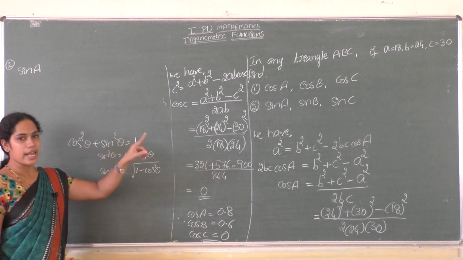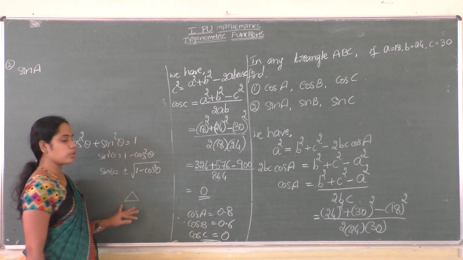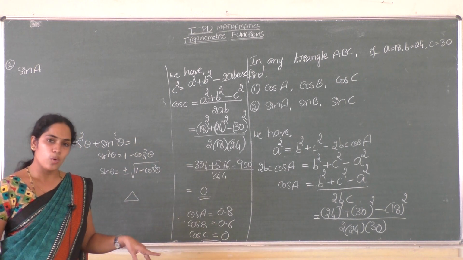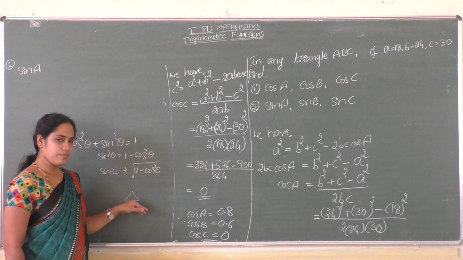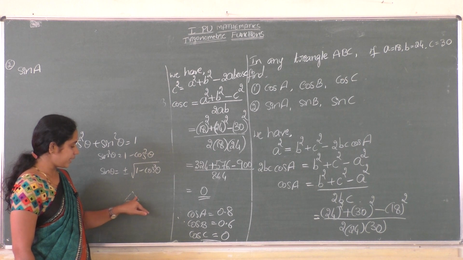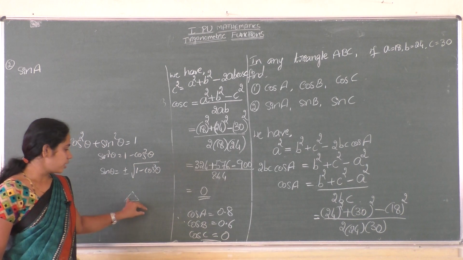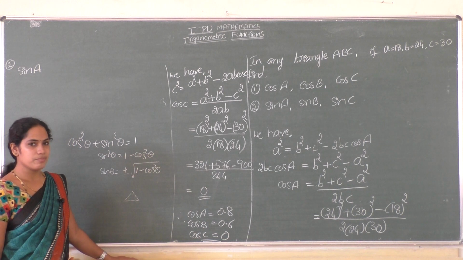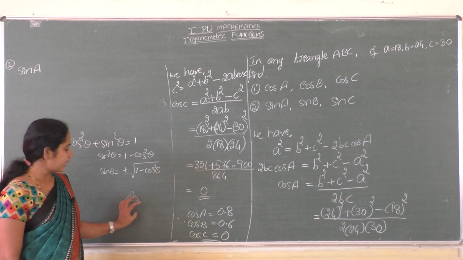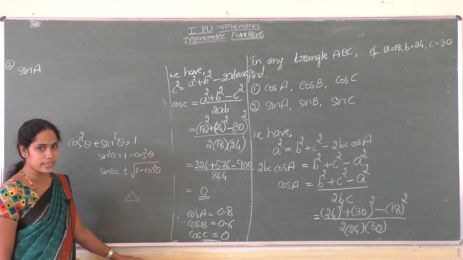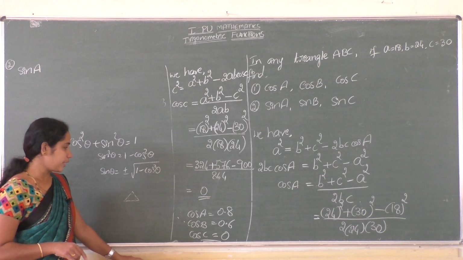Here we have triangle ABC. In a triangle, the angles lie between 0 and 180 degrees, because the sum of the angles is 180. So in both the first and second quadrants, sin is positive.